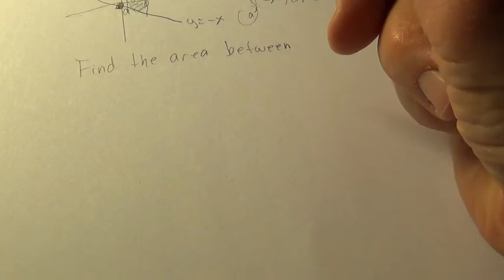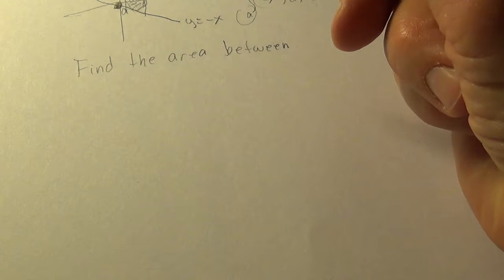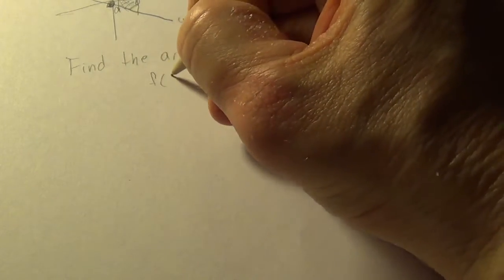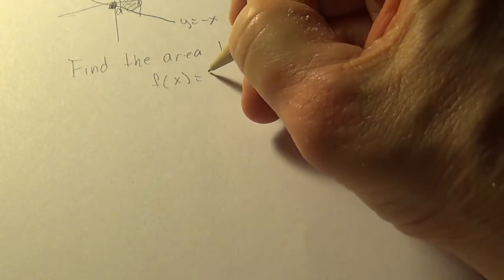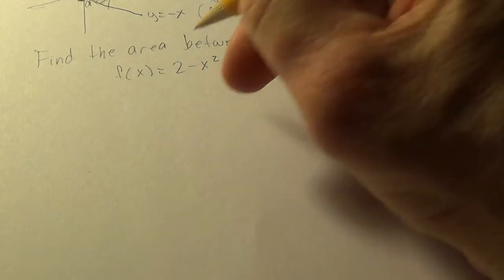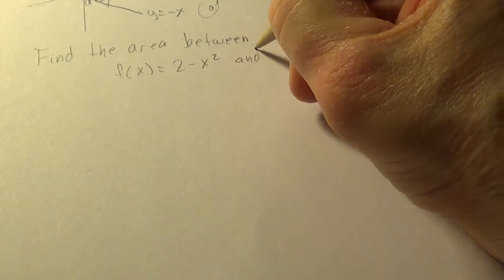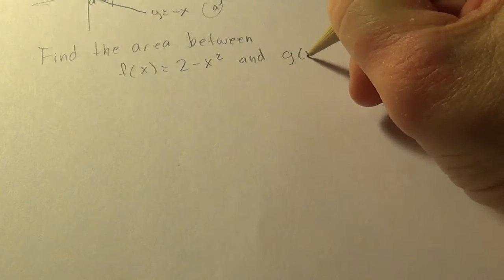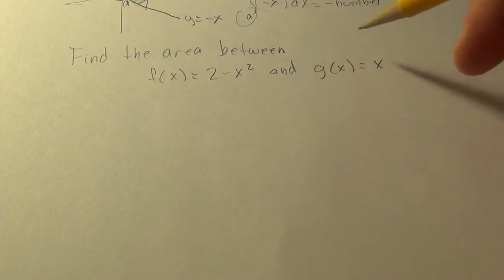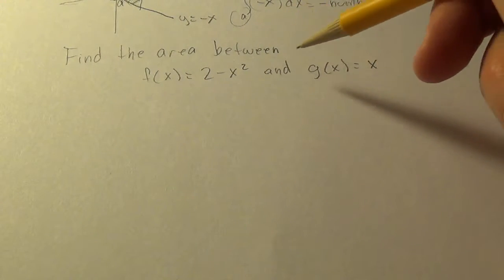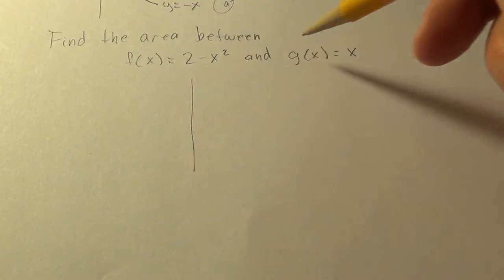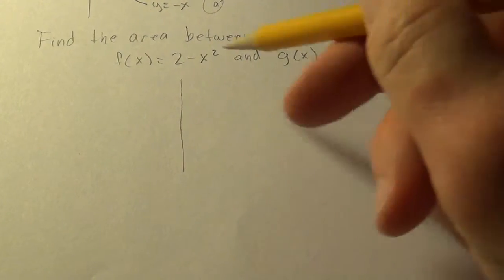Well, that's what we have been doing, but it'll say the area between two curves, between, say, f of x is 2 minus x squared, which is the frowner raised up to, and g of x equals x. So this time I didn't say between A and B. So I really am asking, find the area that is enclosed between these two curves.